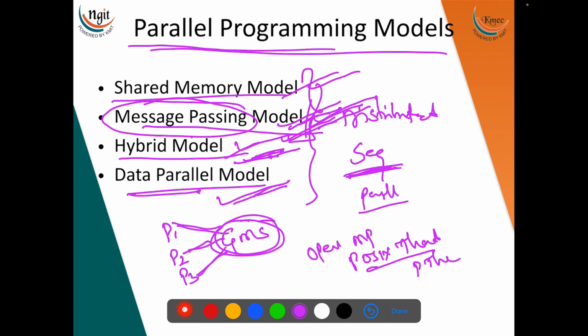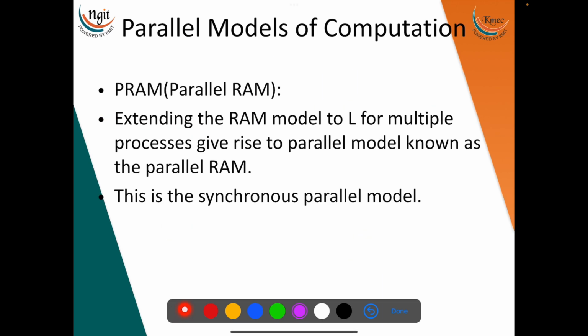Now, let's extend the RAM model to allow for multiple processors, which gives rise to a parallel model known as the parallel RAM, or PRAM. This is a synchronous parallel model in which all processors share a common memory space.